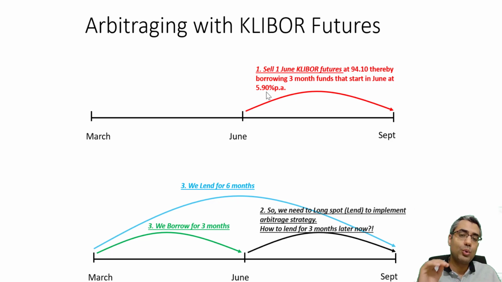Now, how to take an offset position, how to do arbitrage? We need to take an additional reverse position on the same underlying asset, right? So what you do is you need to lend money, because selling means borrowing. If you lend, the borrowing and the lending position will cancel out each other.